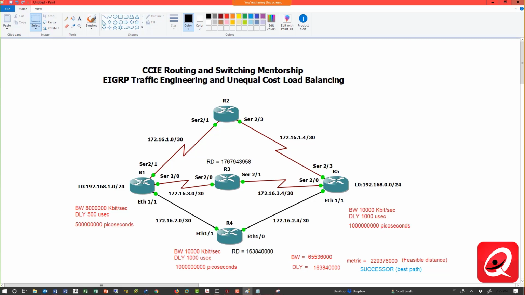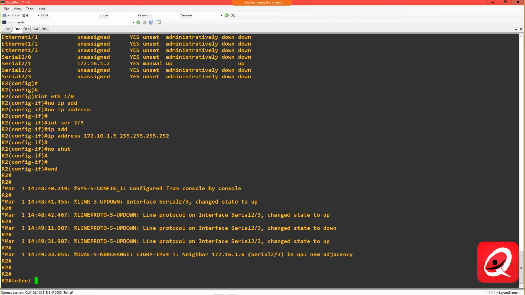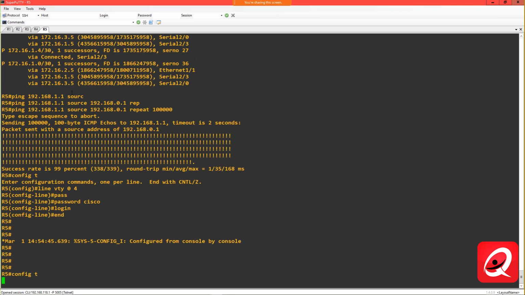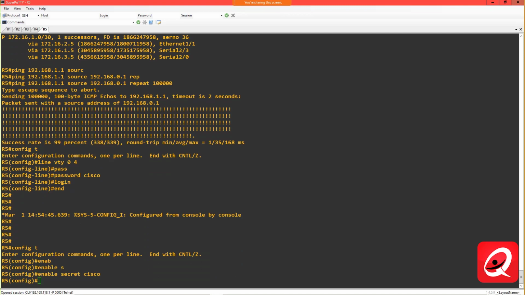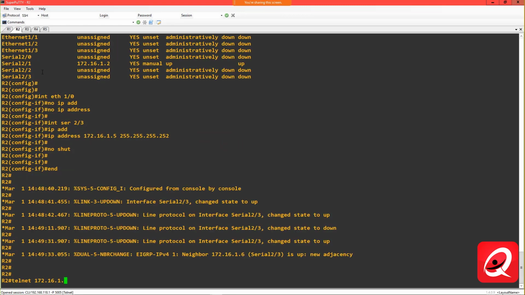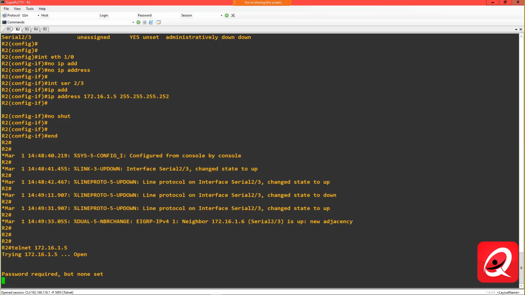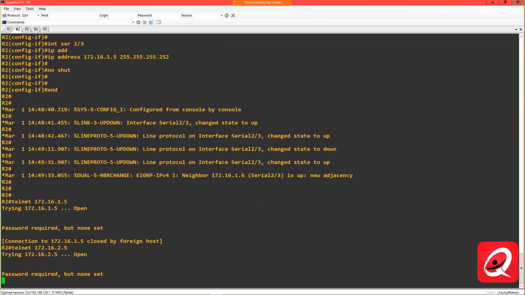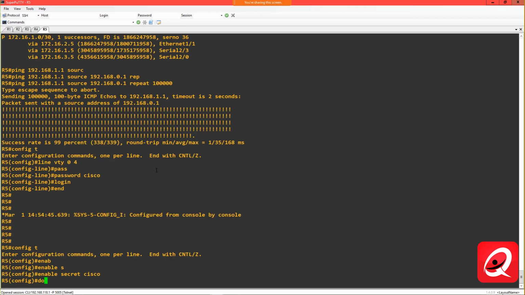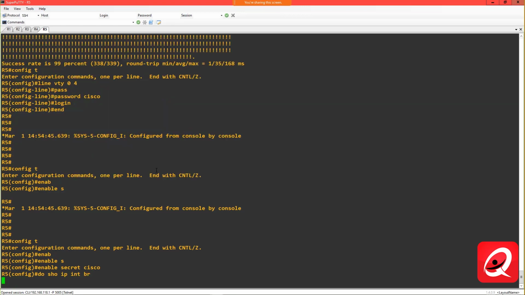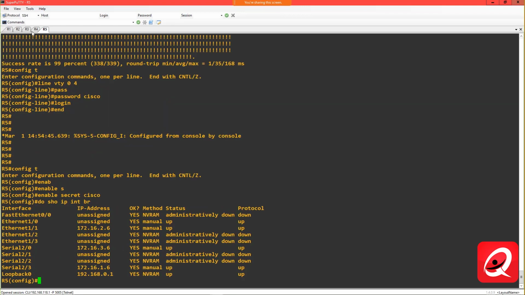So 172.16.1.5. Oh, I need to set up the privilege mode password too. I just set the password. Show ip interface brief. 2.6, sorry about that.